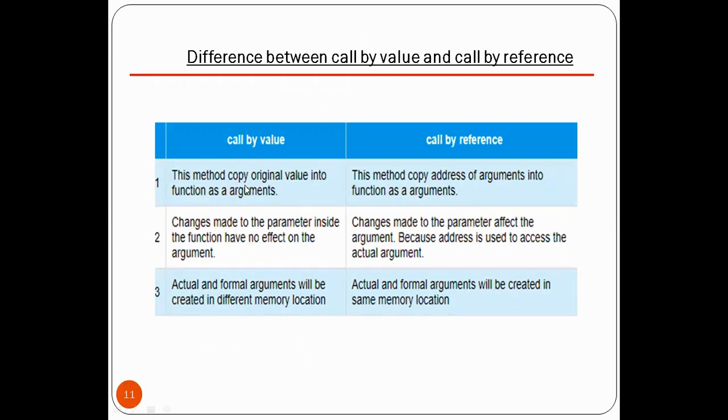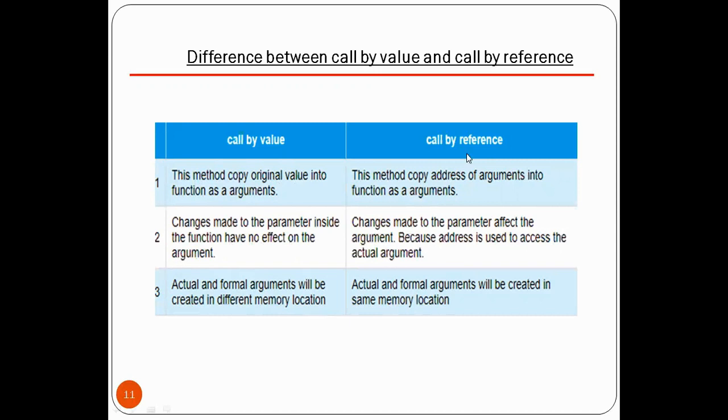We are passing copies of original values. Changes made to parameters inside the function have no effect on the arguments. Whatever we do to formal parameters will not change the actual parameters, because formal and actual parameters are in different memory locations, right?